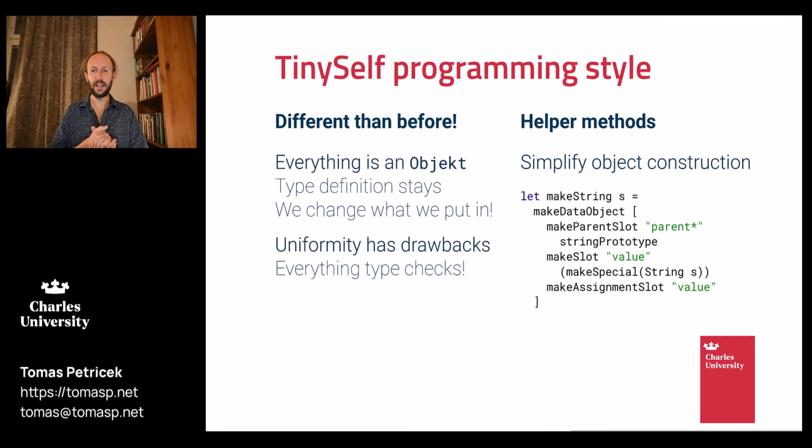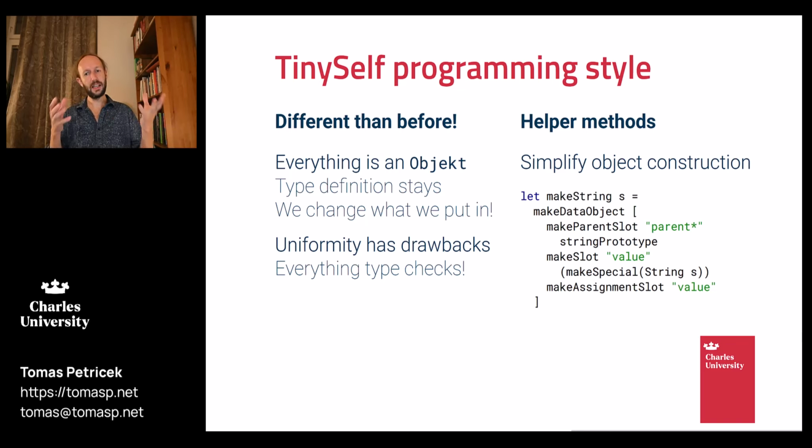And another thing that you already saw in the code is that we will simplify the object construction by creating a bunch of helper methods, because constructing all these records with nested lists in them syntactically is a little challenging, and we're going to make that easier by defining all these make helper functions that will create the right kind of data structures and the right kind of objects.